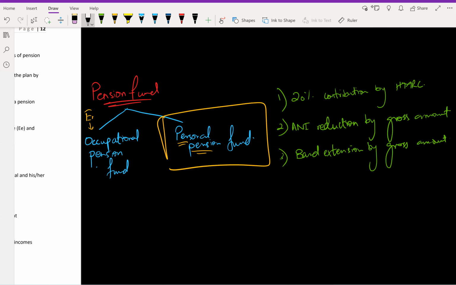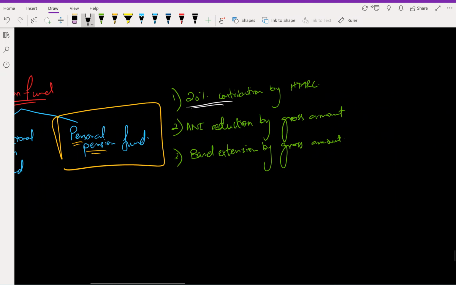The point is that if they start contributing to the pension fund, I told you this 20% contribution by HMRC is just a hypothetical contribution just to allow a tax benefit. But think about it. Imagine how much ANI they could reduce just by saving for the future and making pension contributions.